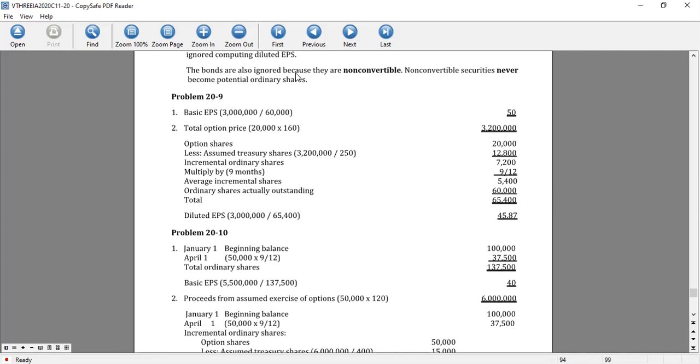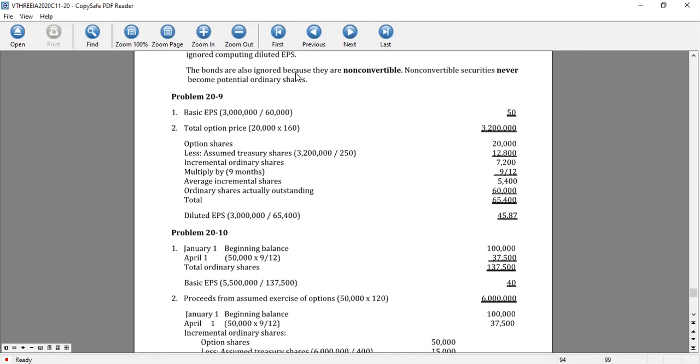Here we have the ordinary share capital issued of 60,000. But the problem stated that on April 1, 2020, the entity issued 20,000 share options to employees, allowing them to purchase one ordinary share for each option at 150.